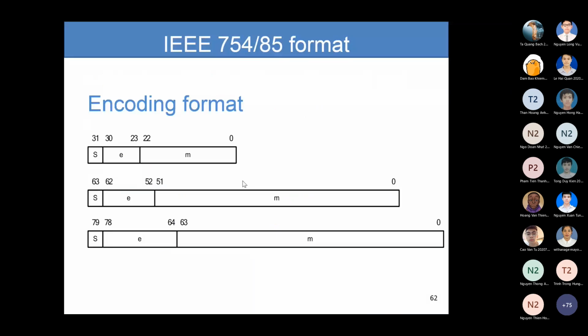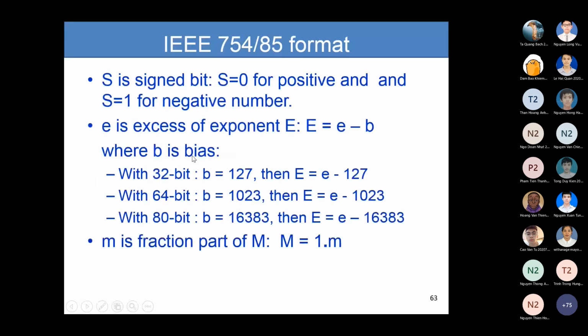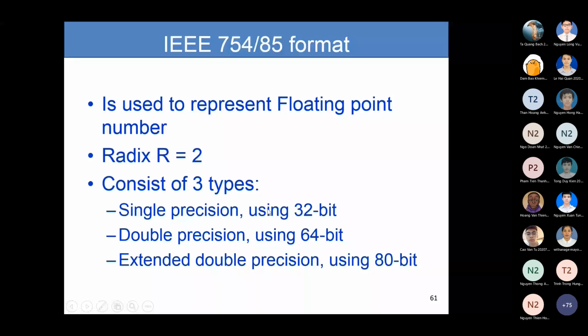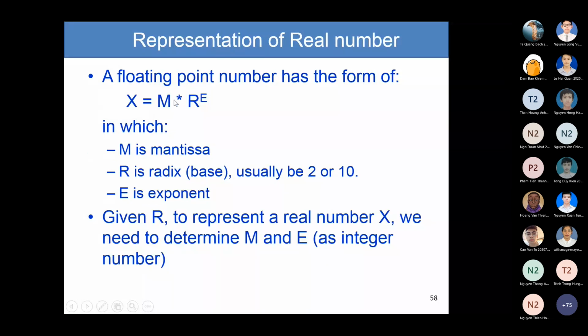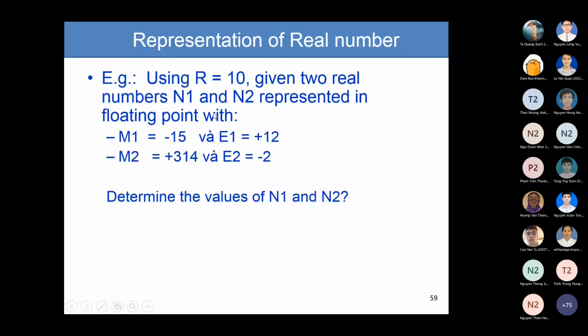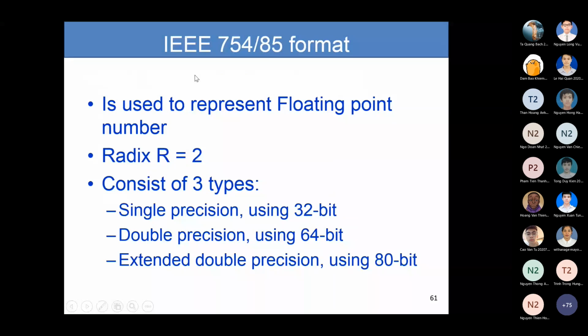So from this representation, we know the sign bit S, the excess of the exponent small e, and the fraction part small m, so we can find big E and big M. And if we know big E and big M, we can find the value of the number using this formula with the radix equal to 2, right? So this is the way to represent the number using the IEEE format. Okay, so an example.